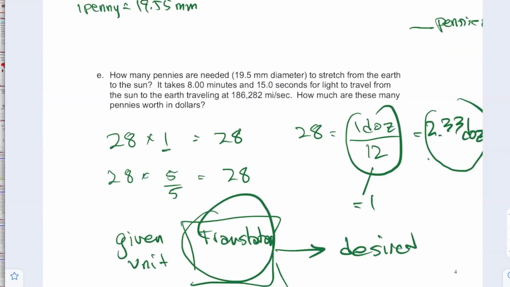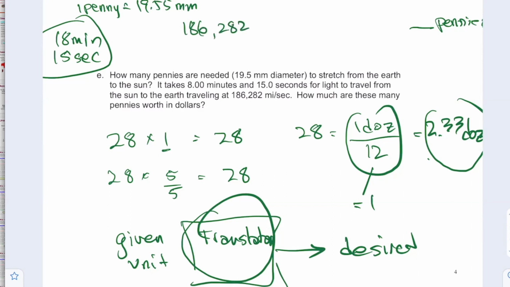The second piece here is 8 minutes, 15 seconds. Now that's not a conversion, that's just raw data. That's how long it takes. It takes 8 minutes and 15 seconds for light to travel from the sun to the earth, and 186,282 miles.